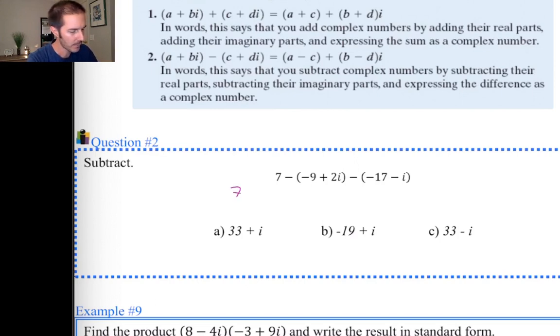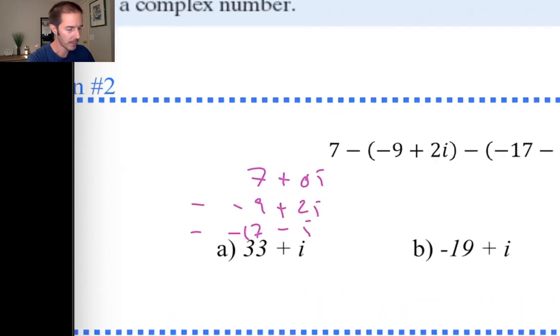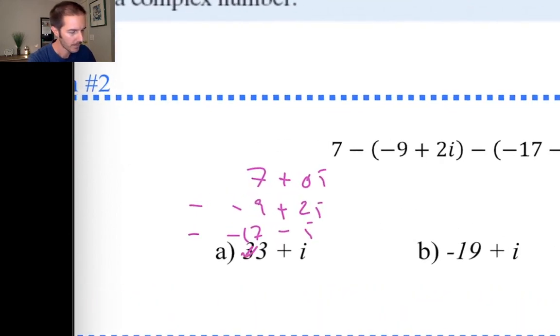Let's think of this as 7 plus 0i, and then we're subtracting a -9 plus 2i, and we're subtracting a -17 minus i. I think I'm going to kick myself for doing it this way, but let's try it anyway. Hopefully that's not the right answer because it's in my way.